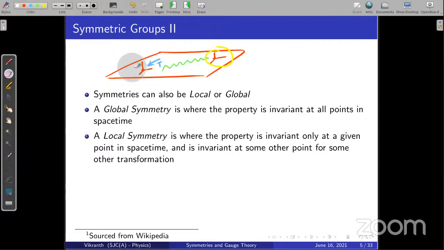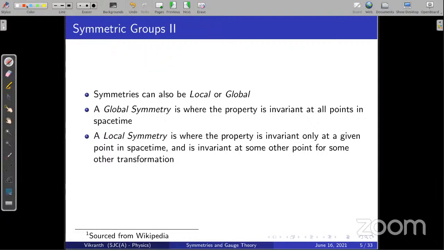All right. Now let's look at local symmetries. This is a bit more important to us physicists. Again, let's consider a space and the same 2 points and the same coordinate axis. If I apply a transformation here, it does not affect a transformation that I apply here.